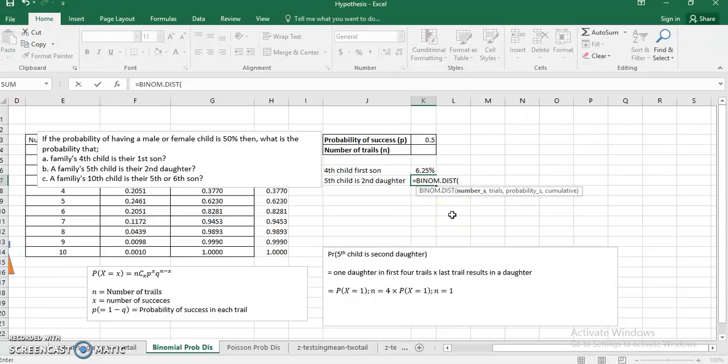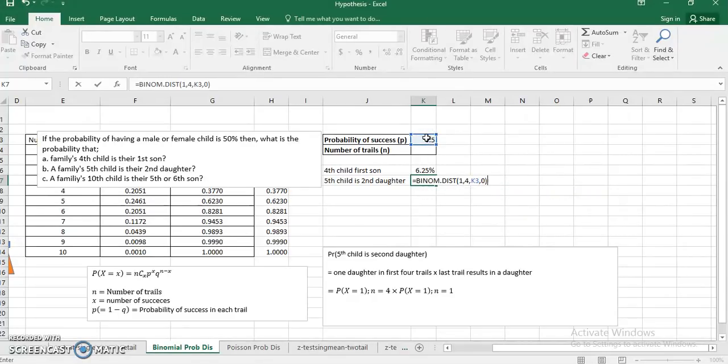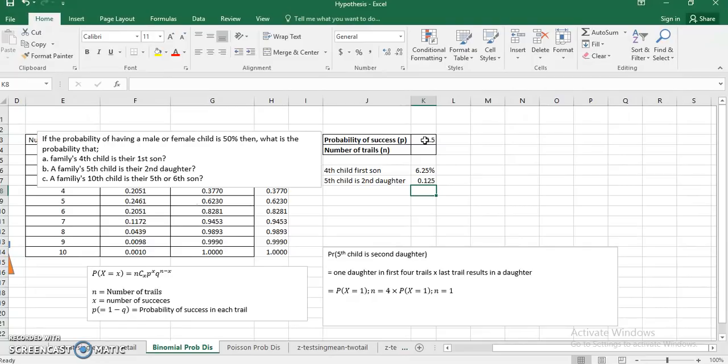I'm looking for one success in the first 4 trials with this probability, and I want an exact match, so I'll type 0, as I told you earlier, times one success. Again, I'm going to use my BINOM.DIST function: one success, one trial with this particular probability of success, and again I need an exact match. So I'll type 0, and that gives me the answer 0.125.